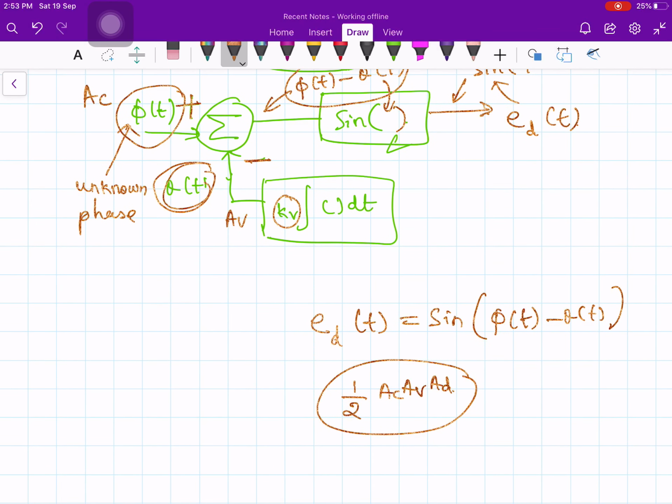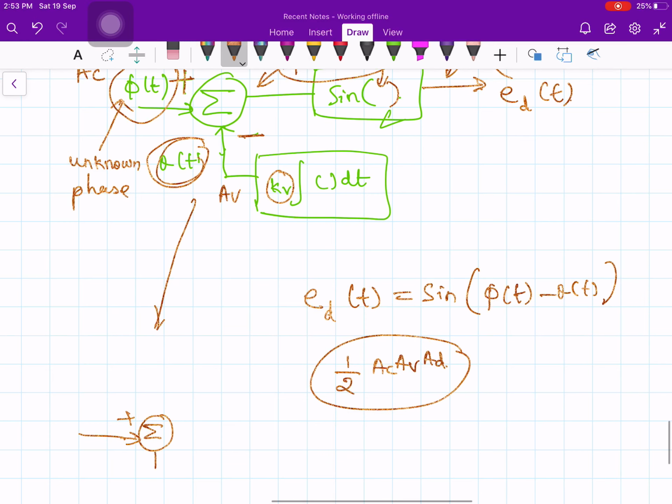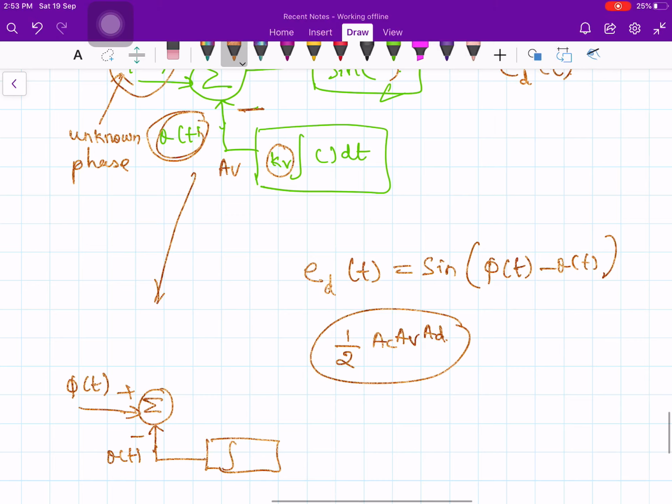Therefore I can rearrange this diagram: you put a summer, you put plus here, minus, this is phi of t, theta of t, integral of dt, and this one is sine of the difference.